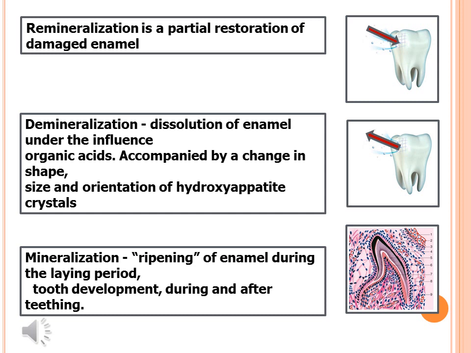Mineralization is the saturation of enamel with minerals during the laying period, tooth development, and during and after teething. Formation of an organic matrix, enamel prisms, and their primary mineralization. This is primary mineralization. Secondary mineralization is maturation, which we discussed earlier, and the final definition of enamel. Tertiary mineralization of enamel is carried out after eruption, after teething.